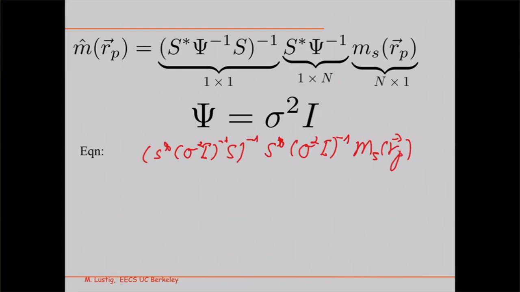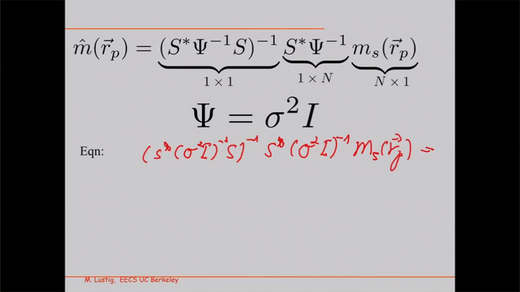And that equals, let's see what's going on here. I've got sigma squared up here and sigma squared here, and because this is to the minus 1, they cancel each other.